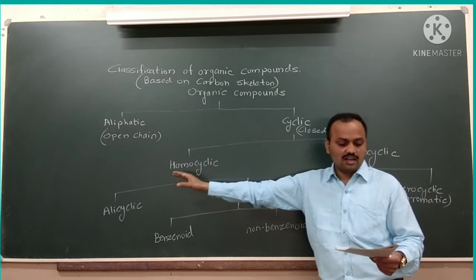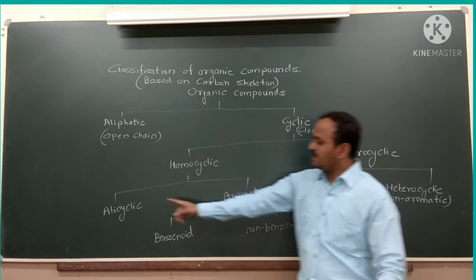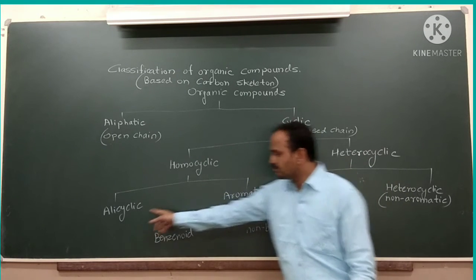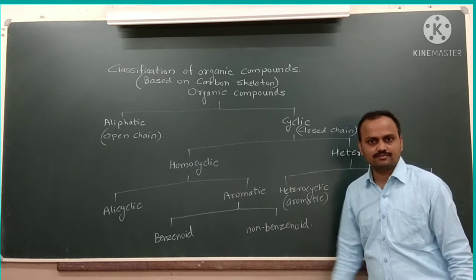Homocyclic compounds are further classified as alicyclic and aromatic.